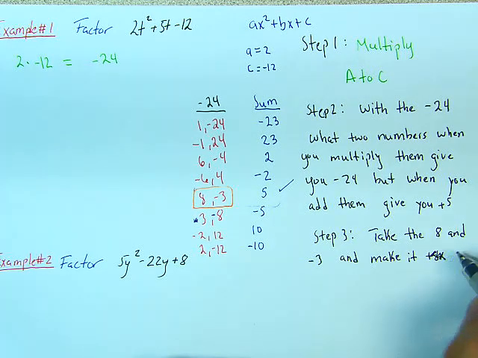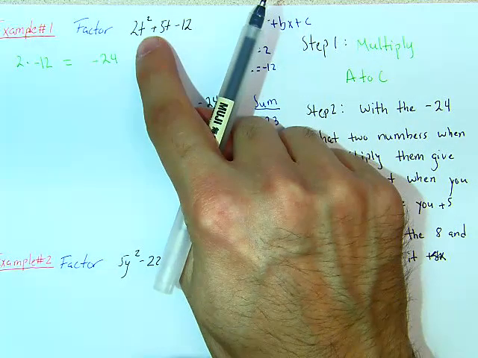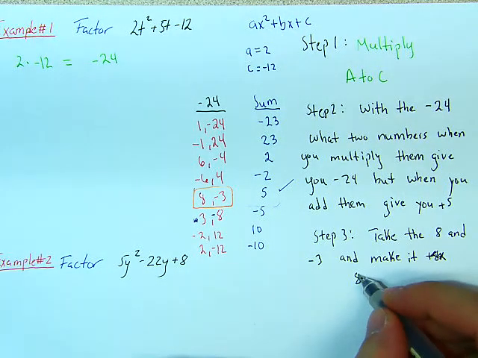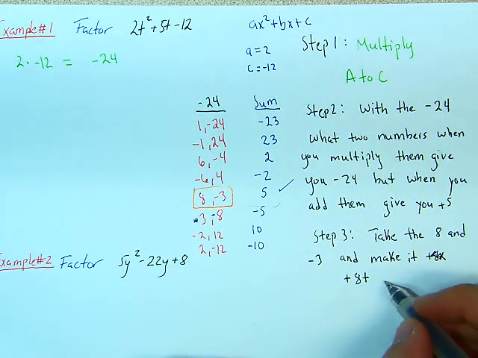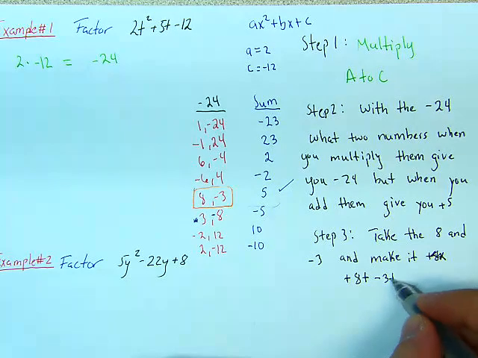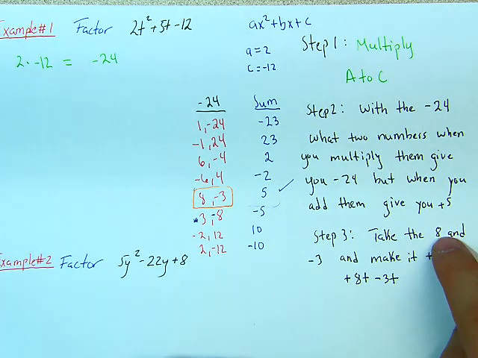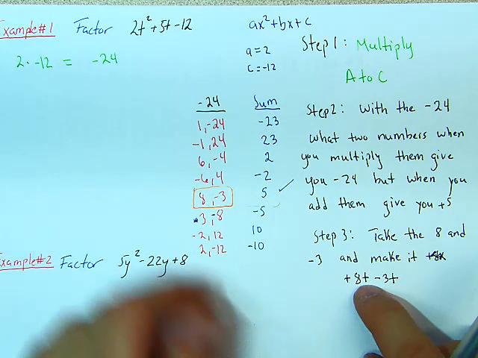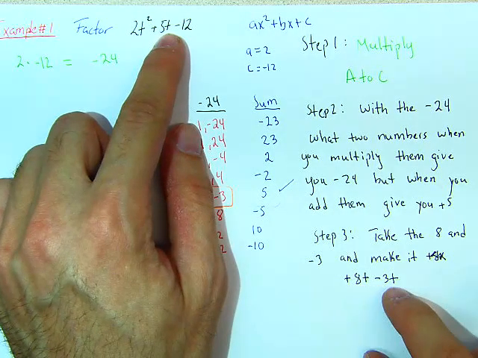I'm sorry, in this case, not 8x, our variable is t. So we're going to make it into 8t, a plus 8t, and a minus 3t. We're just going to take that 8 and use the variable that we have.